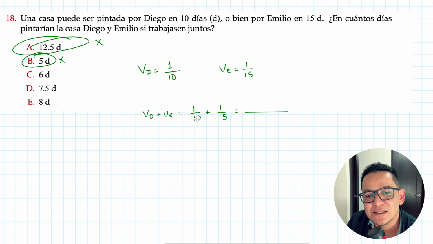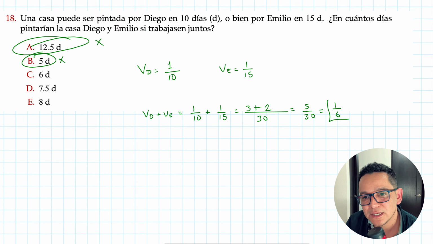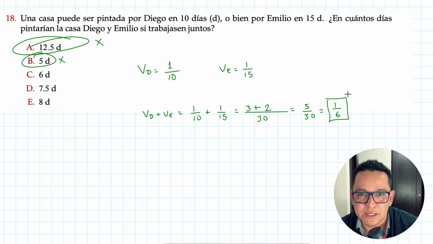The least common multiple of 10 and 15 is 30. Divided by 10 is 3 times 1 is 3. Divided by 15 is 2 times 1 is 2. So I get 3 plus 2, which equals 5/30. We simplify by dividing by 5 and by 5, and this leaves me with 1/6. This is the combined speed, meaning what they can cover together, 1/6.